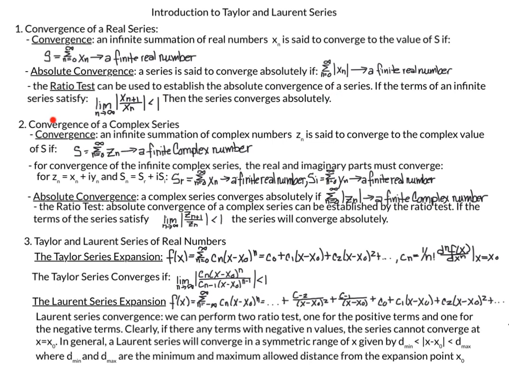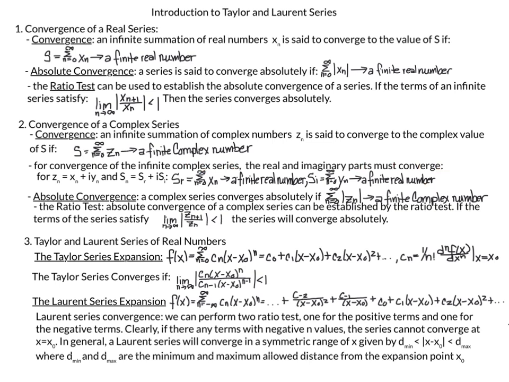Next, we talked about convergence of complex series, which was very similar to the real series. An infinite summation of complex numbers z sub n is said to converge to the complex value s if the series from n equals 0 to infinity of z sub n approaches a finite complex number. For convergence of an infinite complex series, the real and imaginary parts must converge.